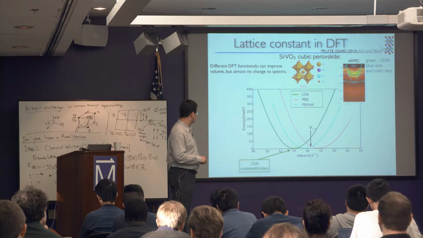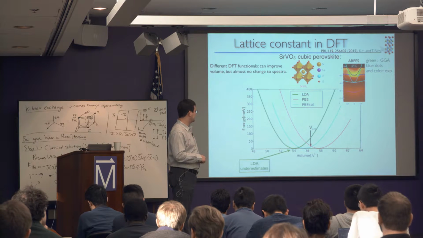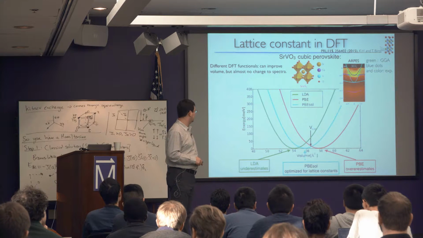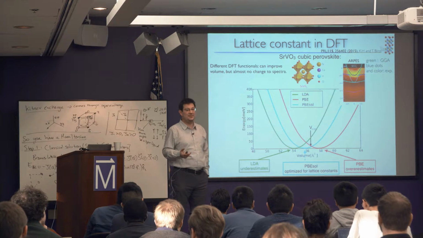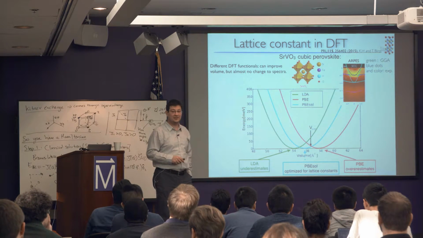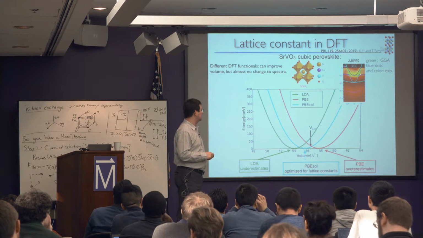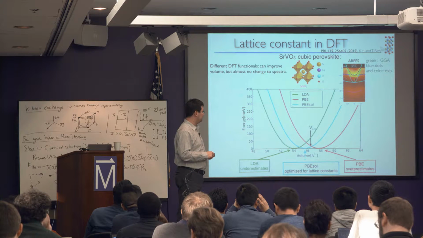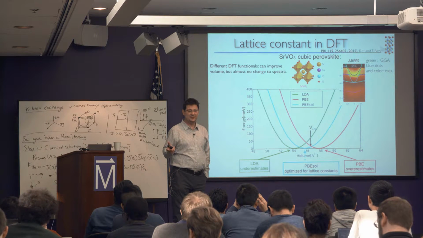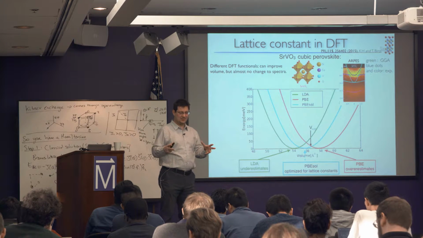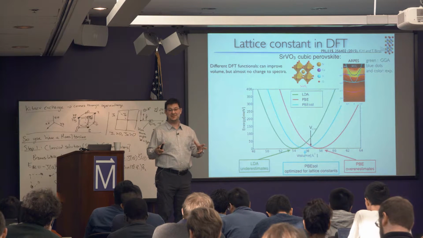Well, if you look at it, LDA typically underestimates the volume. PBE usually overestimates the volume. And it turns out that if you take PBEsol, then it's pretty close. Okay? That's the message. So the point is that even though the band structure is not very good, the structure is pretty decent.